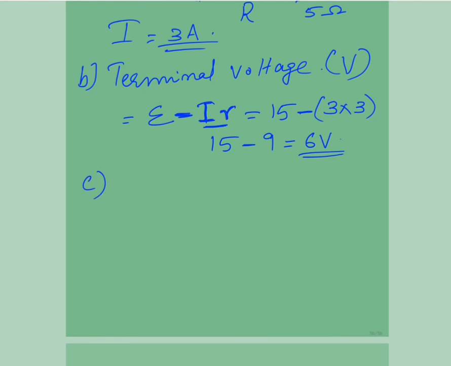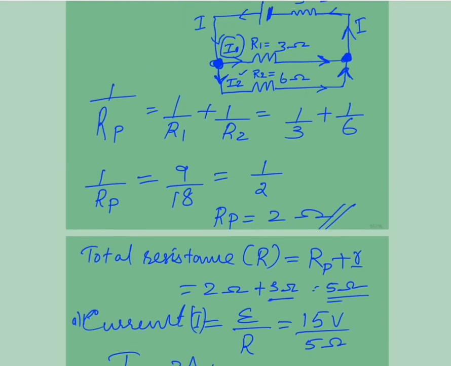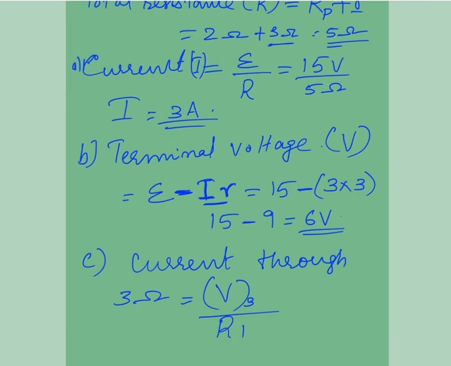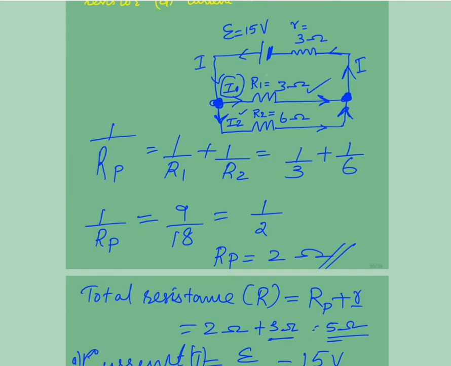Current passing through 3 ohm resistor can be easily got if you know the voltage across 3 ohm resistor and also the resistance 3 ohm, isn't it? That is R1. So here you could see that 3 ohm is the resistance R1, so you can substitute the value, and voltage across the resistance R1 is the terminal voltage itself that we already got. So that same voltage will be across R2 also, the terminal voltage.